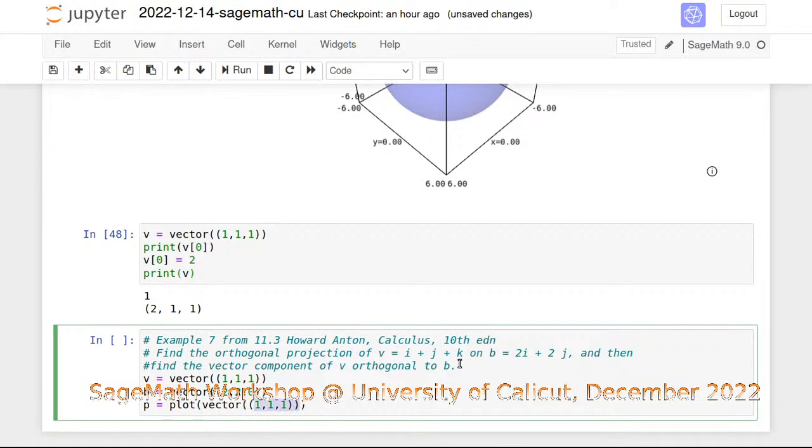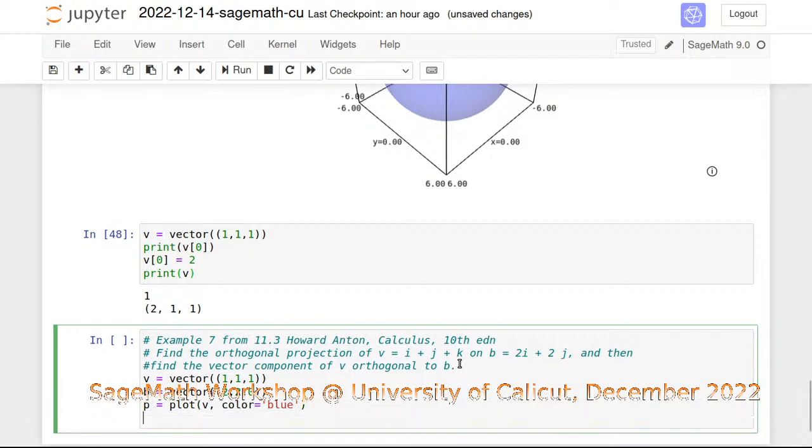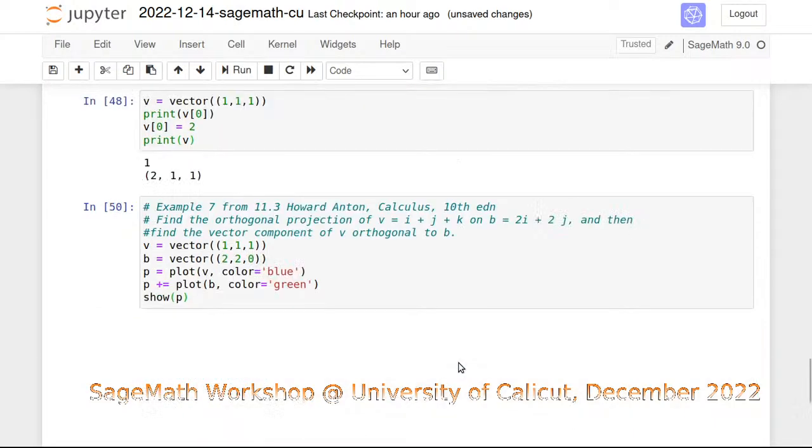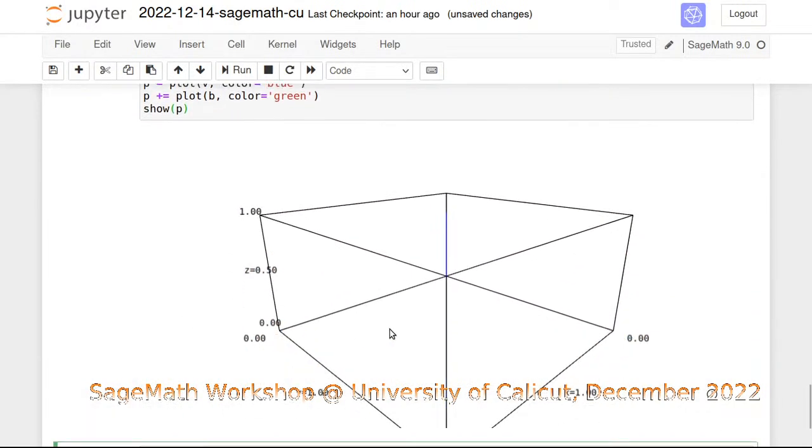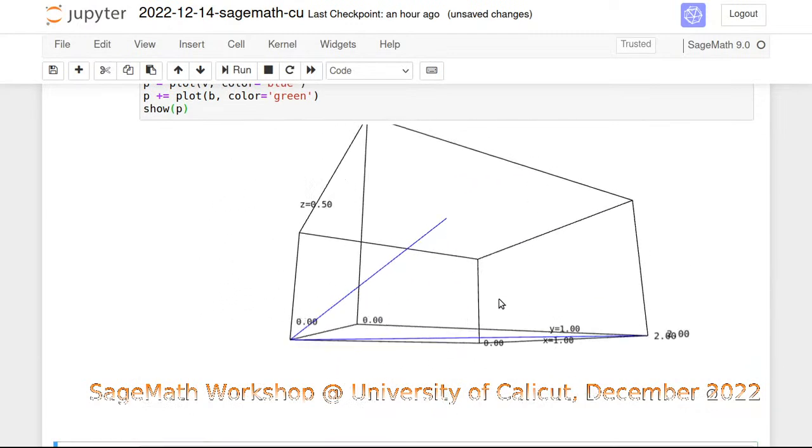Oh no, so this is not necessary. Plot V. Now onwards we should add with P plus. Plot B in green and show both together. Both are appearing in the same color. Why is it like this?